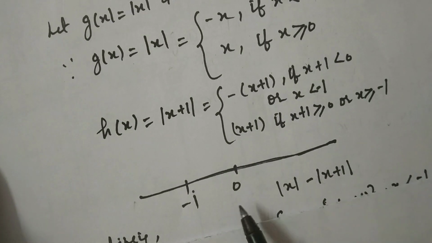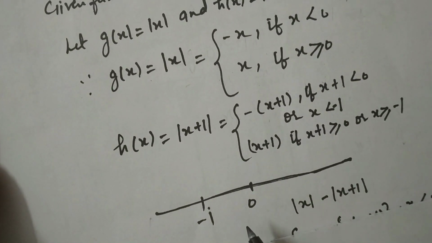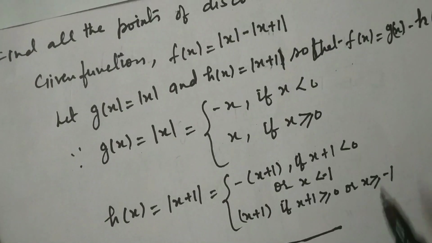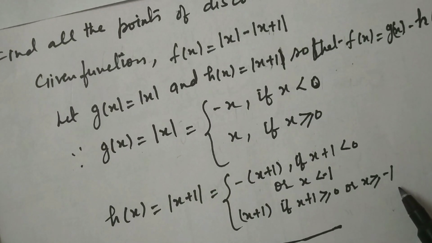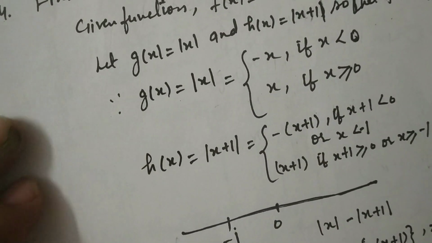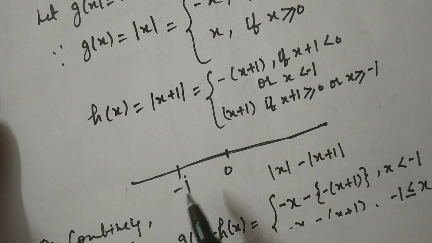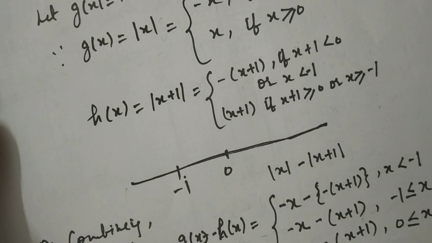Now I try to define the function in a more appropriate way by drawing this. Since I am getting two critical points, one is 0 and one is minus 1, and my function is a combined function, I need to describe it. So I take the values on the number line as 0 and minus 1.